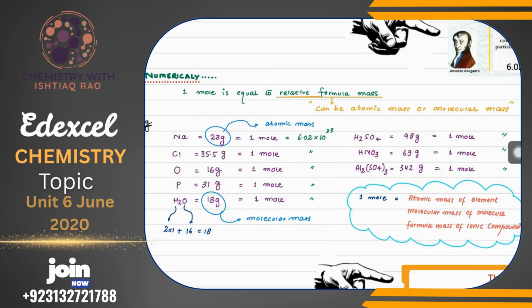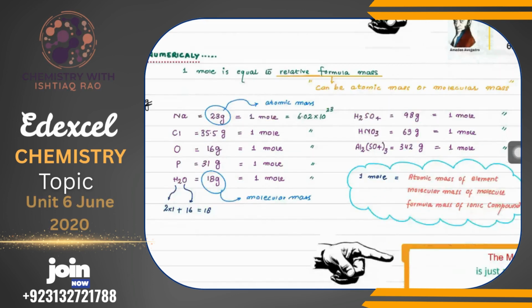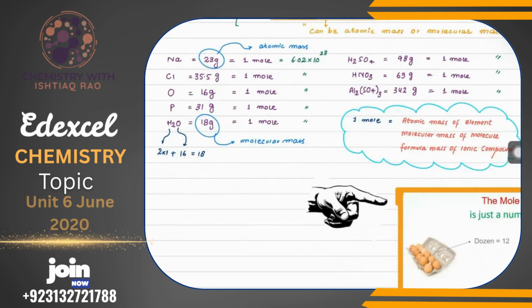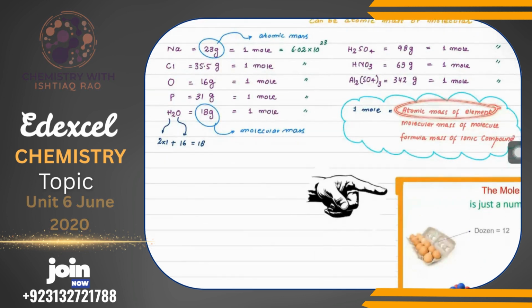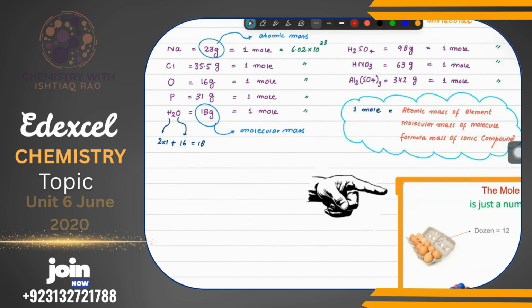That's it. Okay. So 1 mole is equal to the atomic mass of an element, the molecular mass of a molecule, the formula mass of, let's say. I'm considering that you have studied chemical bonding, elements, mixtures, and compounds.